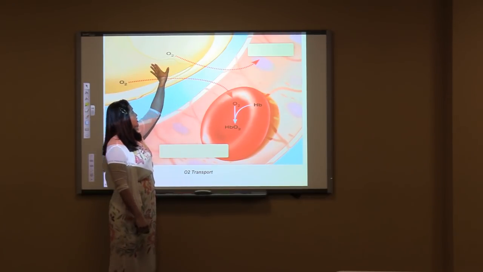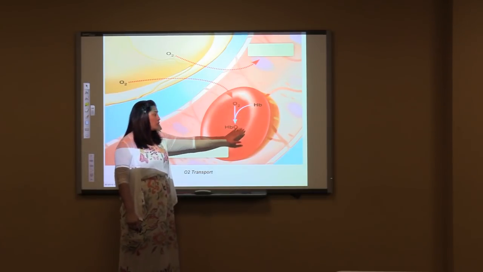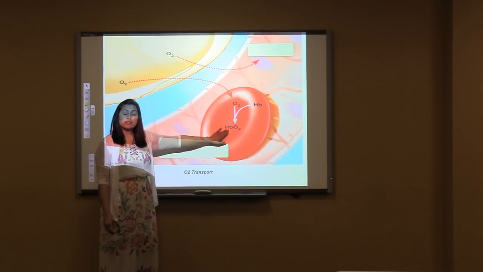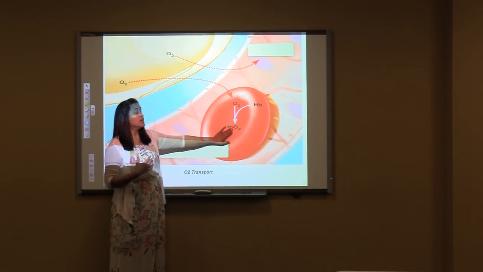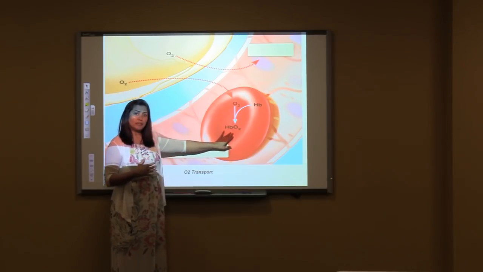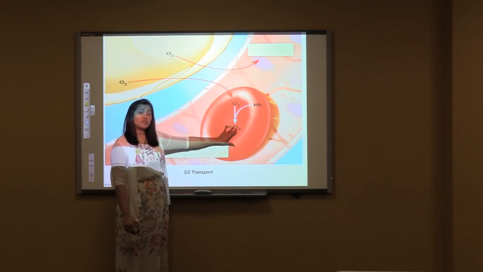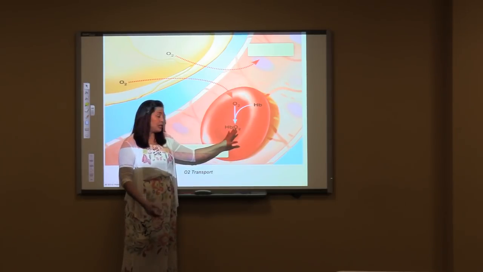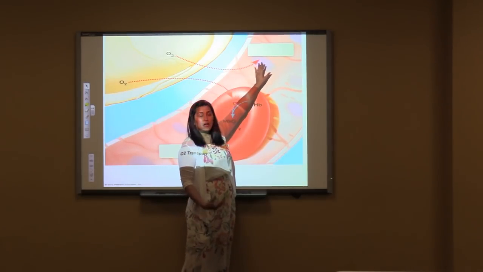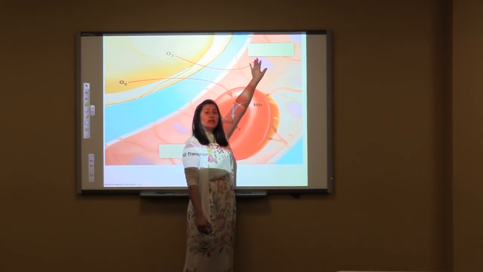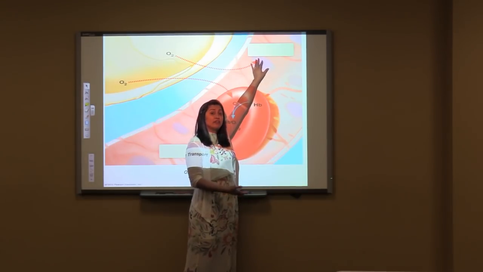Majority of the oxygen will leave the alveoli, enter a red blood cell, and combine with hemoglobin, giving you oxyhemoglobin. So oxygen is transported in our body bound to hemoglobin. About 97-98% of oxygen is transported in our arterial blood bound to hemoglobin. Only 2% or so is transported in the arterial blood dissolved in plasma.